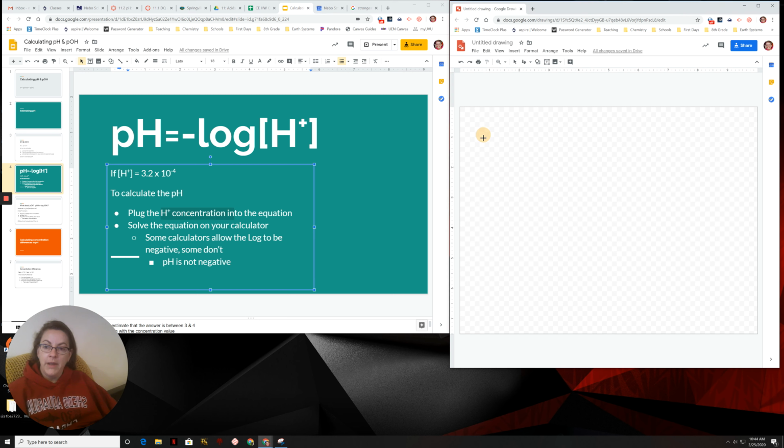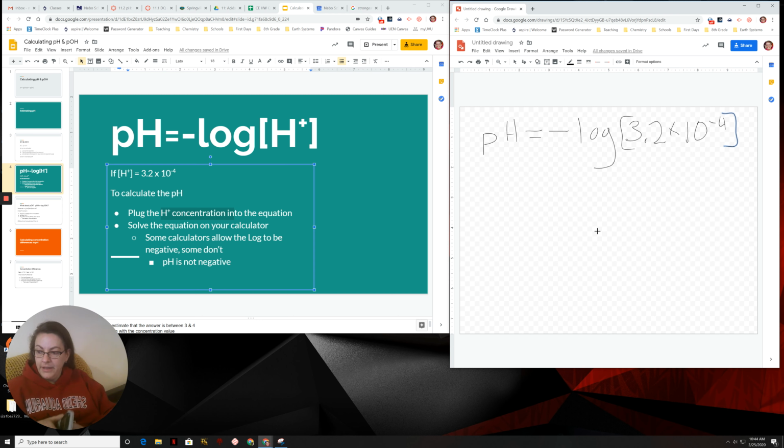So when I write my equation, it's going to be pH equals the negative log of, now I'm going to use the same 3.2 times 10 to the negative fourth. Now I would plug that into my calculator.